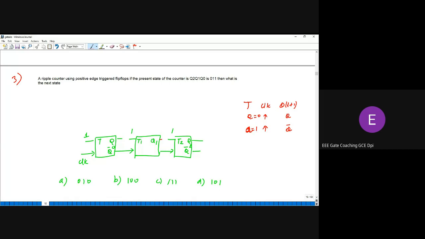If T is 1 and clock is 1, the present state gets altered. Okay.